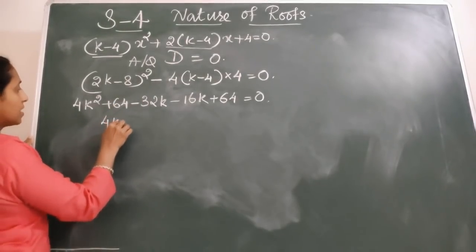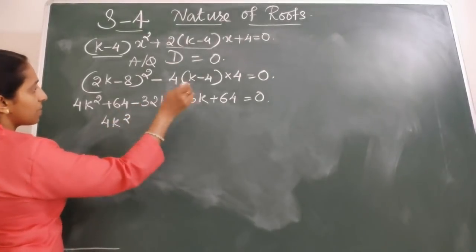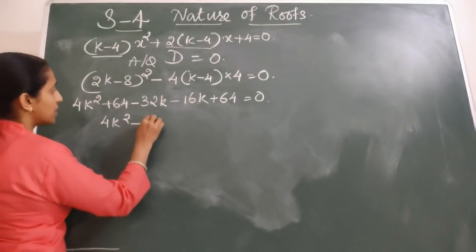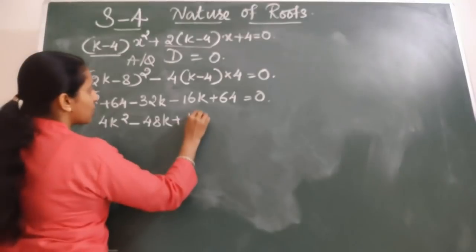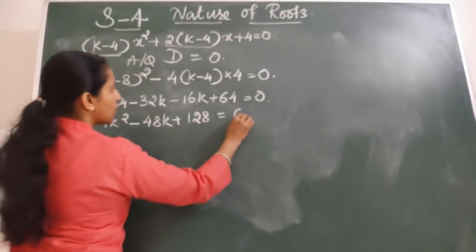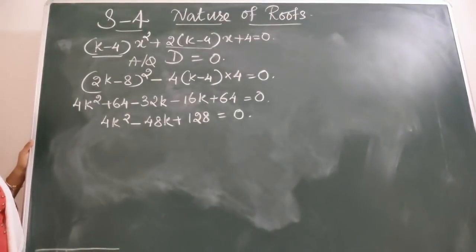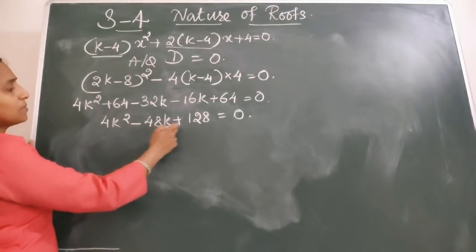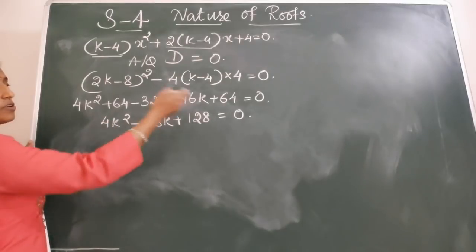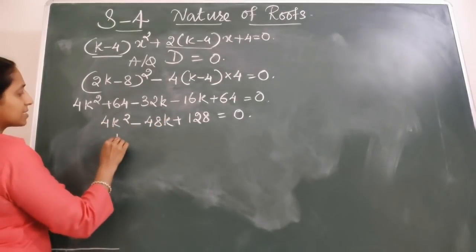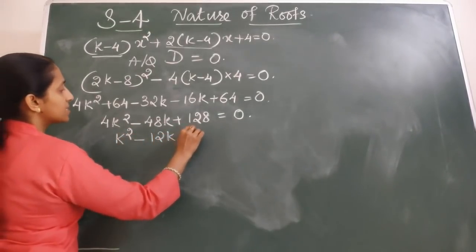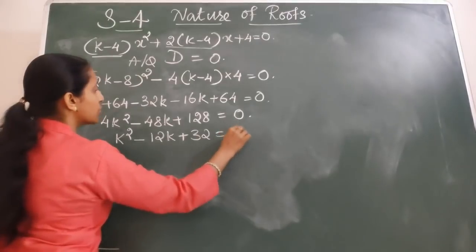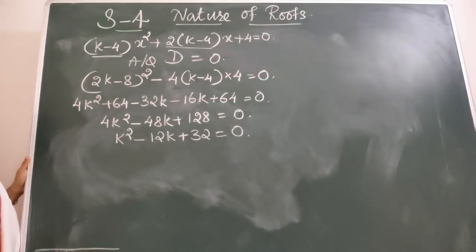You are getting 4k square minus 32k minus 16k is minus 48k plus 64 plus 64 is plus 128, equal to 0. You can simplify it by dividing throughout by 4. So you will get k square minus 12k plus 32 equal to 0.